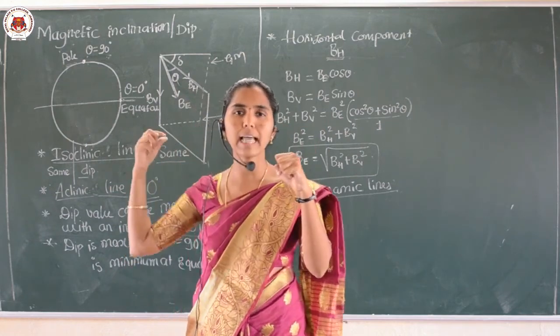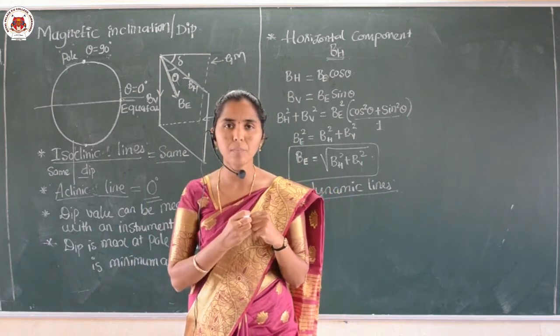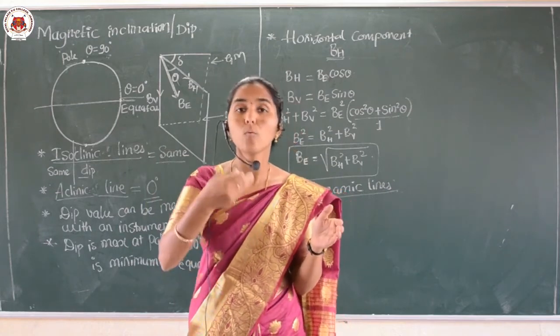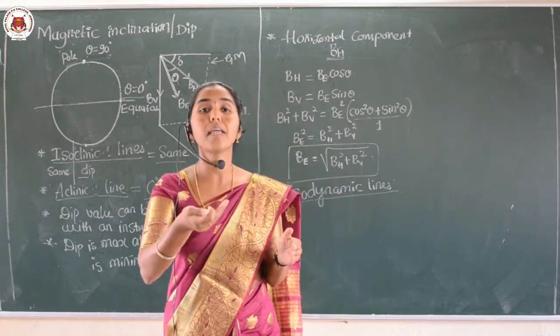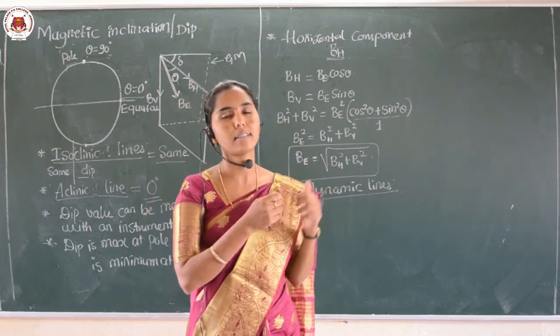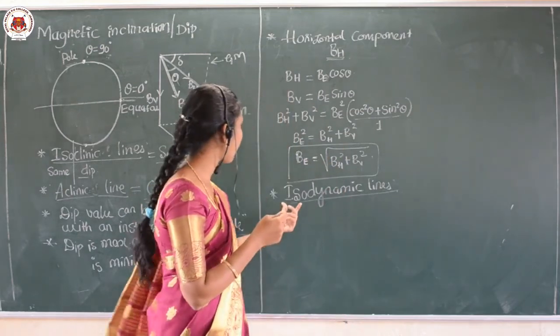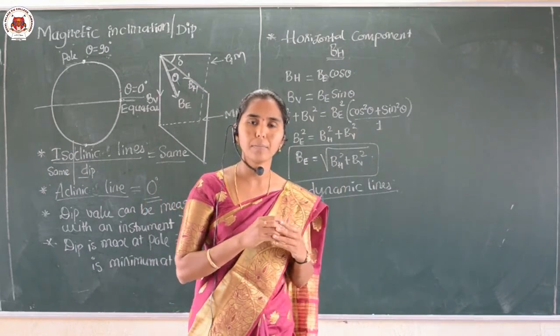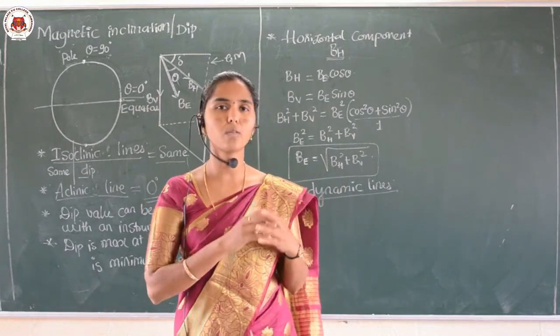Again, same as with dip and declination, there are some places which possess the same value of the horizontal component. Such lines are called isodynamic lines. Am I clear, dear students?